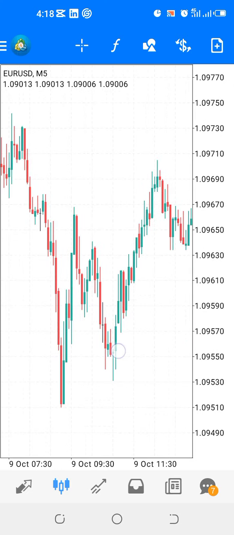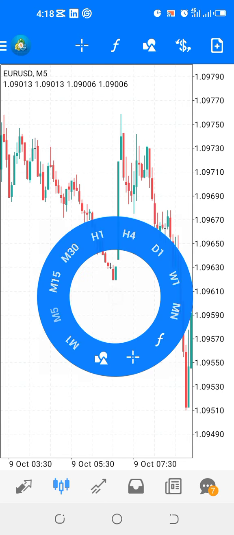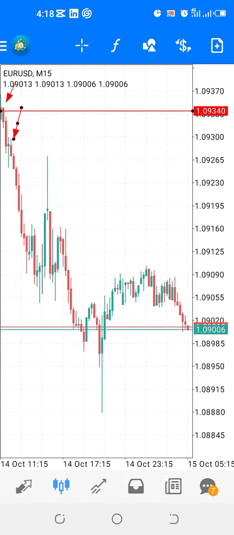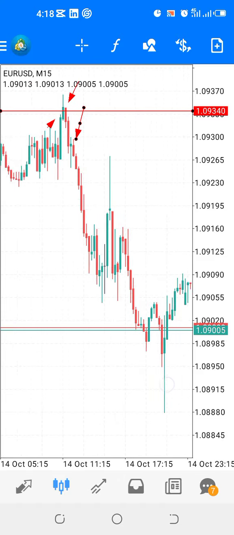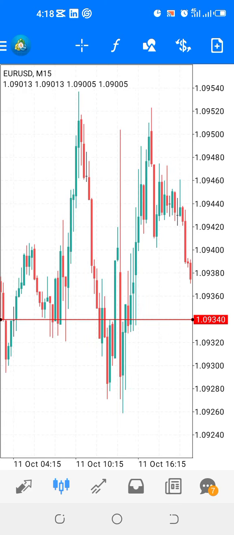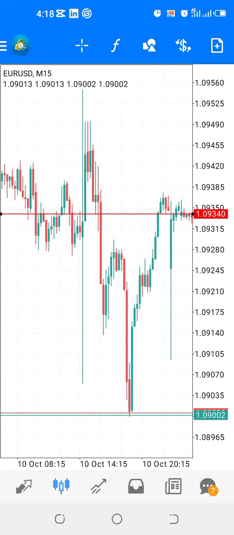Double bottoms are more common than head and shoulders. But that notwithstanding, they are a very effective trading strategy, and I advise you to look for them while trading. There are a lot of them in the charts.